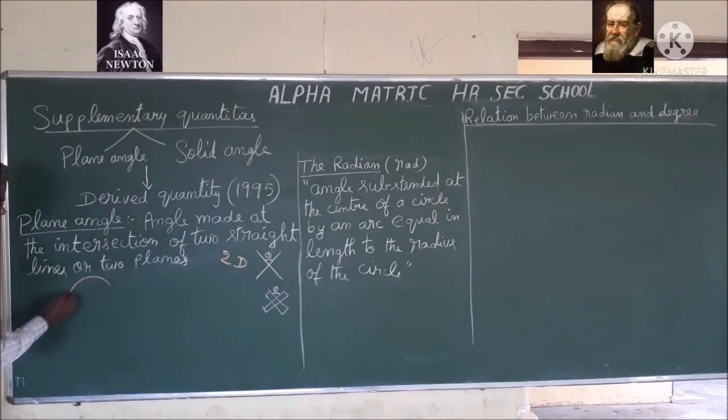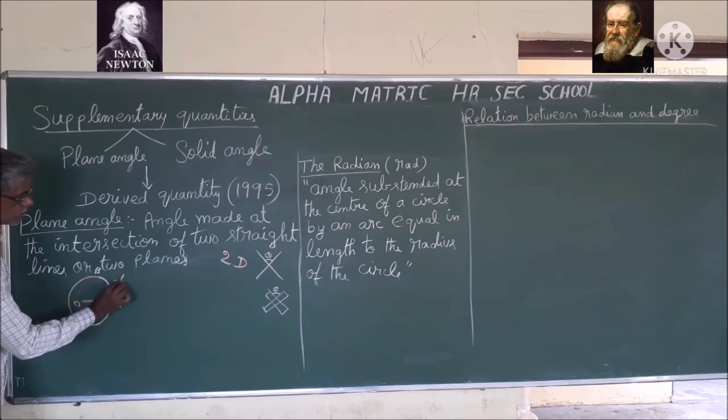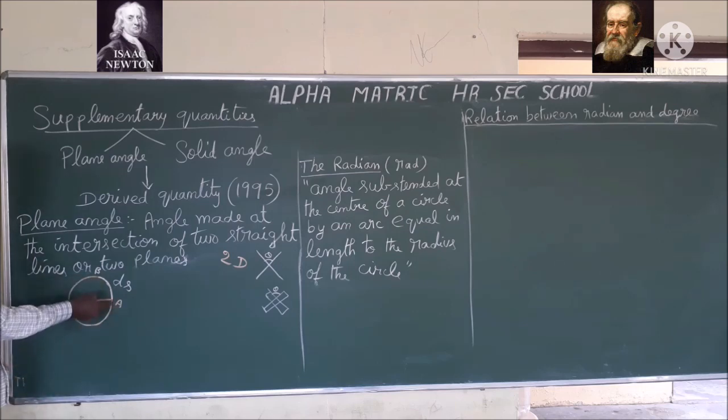Now let us consider a circle of radius r. On the circumference of the circle, let us take a small arc AD of length ds.